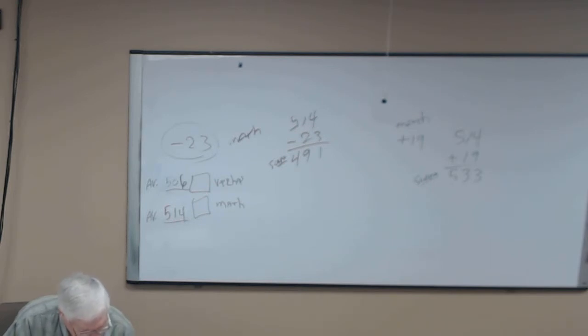Okay, what's 42 say? Find the difference between the integers corresponding to the verbal and math scores for a test taker whose parents did not earn a high school diploma. No high school diploma. Negative 95 and negative 76.